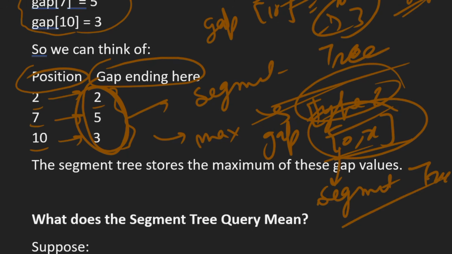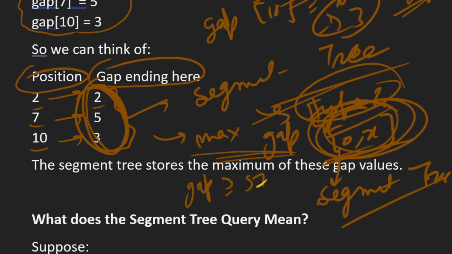We can easily find the maximum gap from the segment tree in the range 0 to x. That's why we are storing the gap values. And if the maximum gap is greater than or equal to size, then our answer will be true, right?